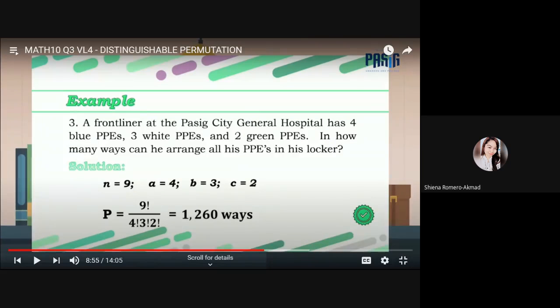So you use this formula whenever there are items that are the same. You cannot distinguish them, but they differ in a certain way, like their colors.